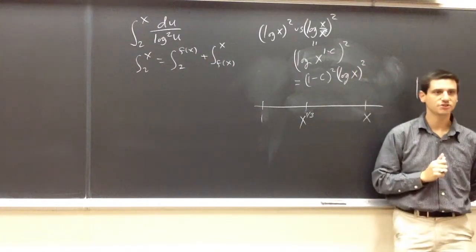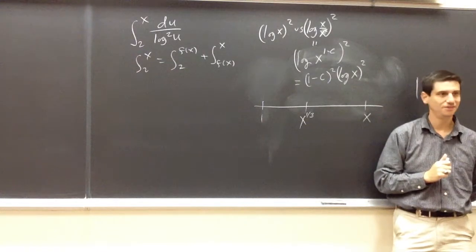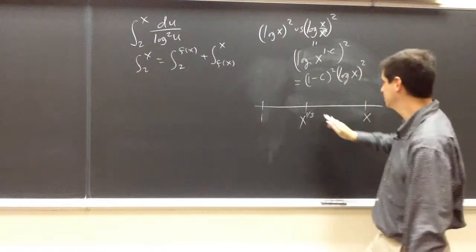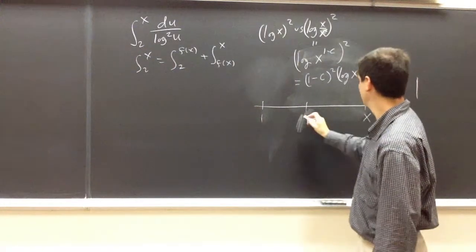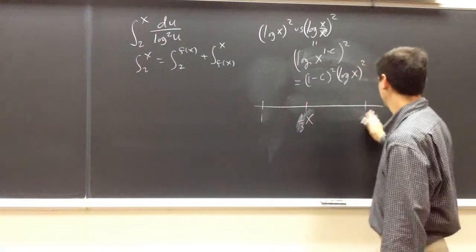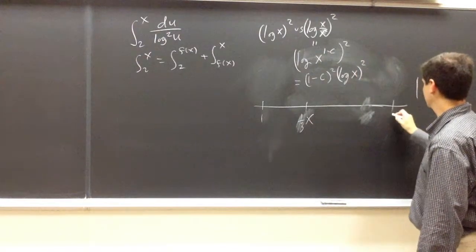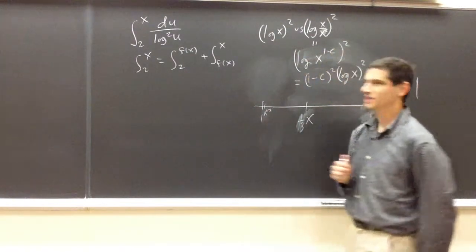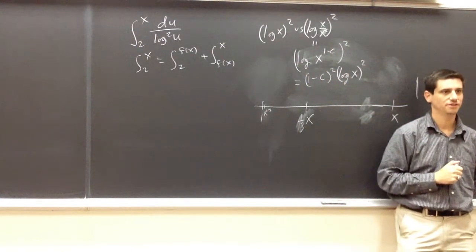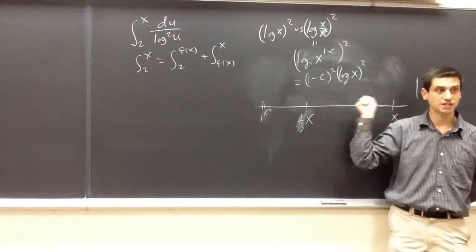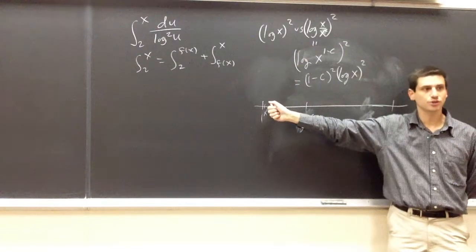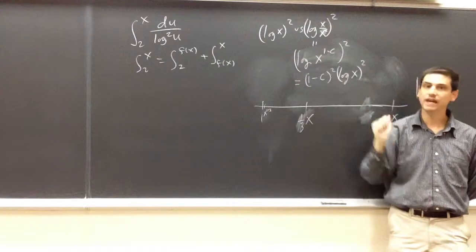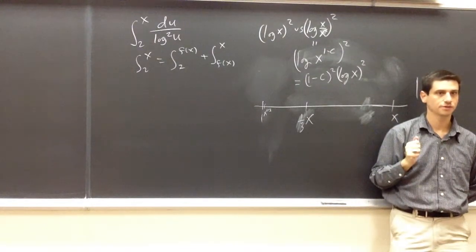If x is large, is this even remotely drawn to scale? No. This is maybe closer to 1/3 x. Maybe I should move this one a little bit further. X to the 1/3 is somewhere down there. And as x gets larger and larger, this gets closer and closer. We're looking at a very negligible amount of the integrand.